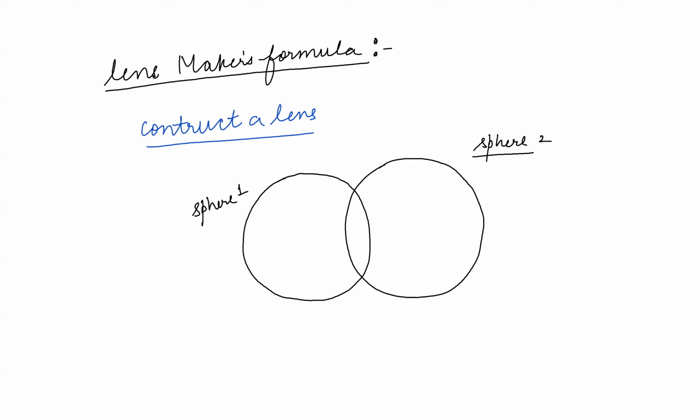Once I have sphere 1 and sphere 2, what do I do? I take this sphere and cut a half part of it. I have another sphere and I cut another half part of it.